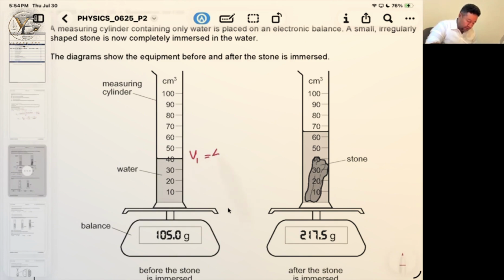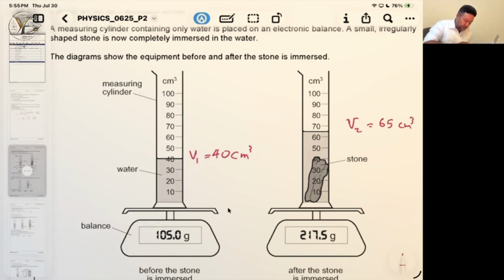V1 equals 40 centimeter cube, and V2 equals what? We have 60 and we have 70. So the difference between them is 10, and we are in the middle, so it's 65. So 65 centimeter cube.